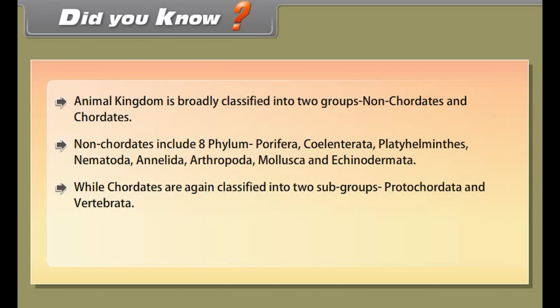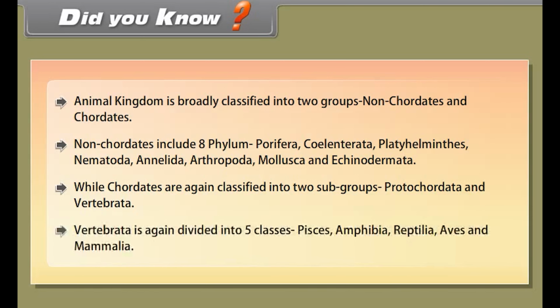While chordates are again classified into two subgroups, Protochordata and Vertebrata. Vertebrata is again divided into 5 classes: Pisces, Amphibia, Reptilia, Aves, and Mammalia.